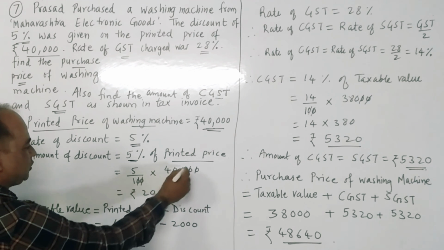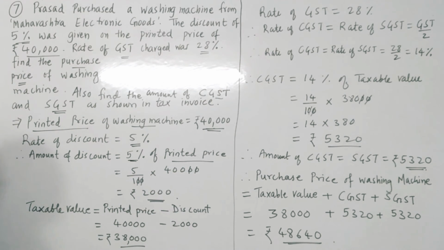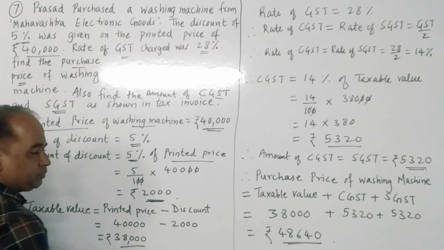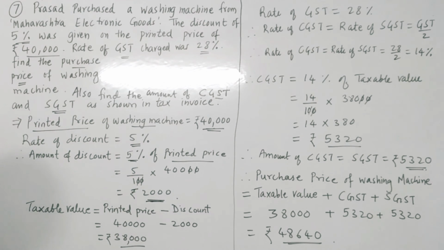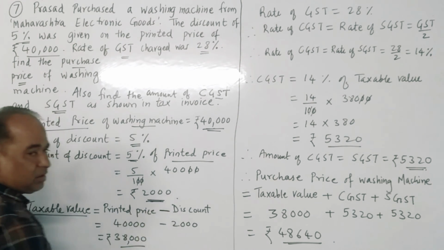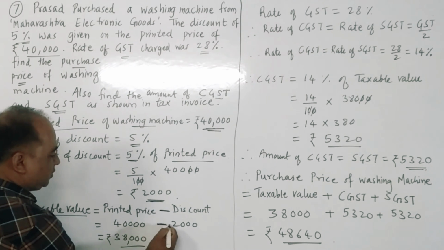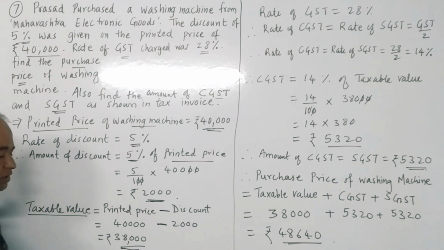So 2 zeros from numerator and 2 zeros from denominator get cancelled. 5 into 400 is equal to 2,000 rupees, the amount of discount given by the shopkeeper on the washing machine. So the taxable value of the washing machine will be the printed price minus the discount, that is 40,000 minus 2,000, which is 38,000.